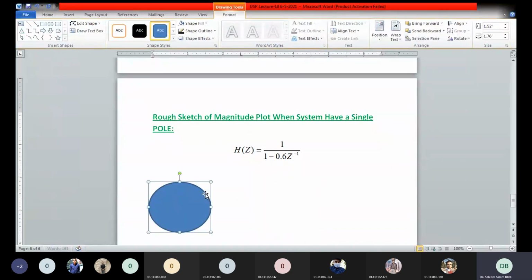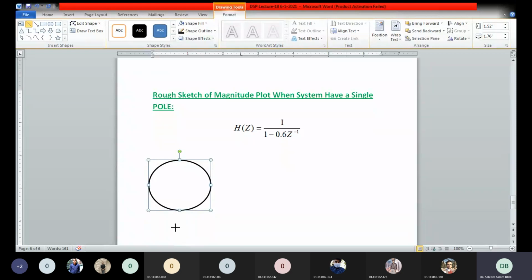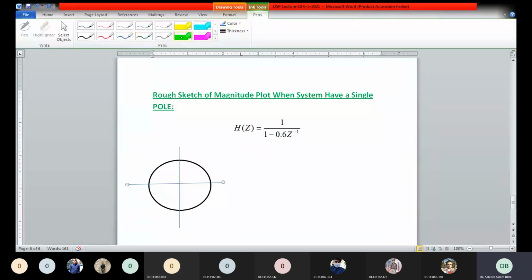Let me draw a pole zero diagram here. Can anyone help me? Where is the pole located now? At 0.6. Now your pole is located at 0.6 and there is a zero at the origin.